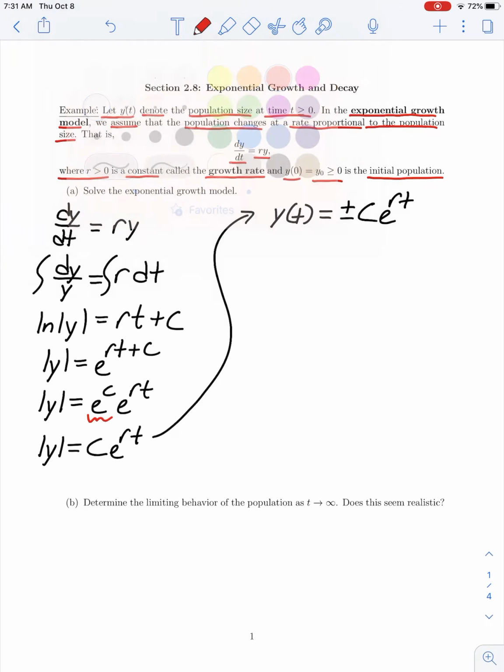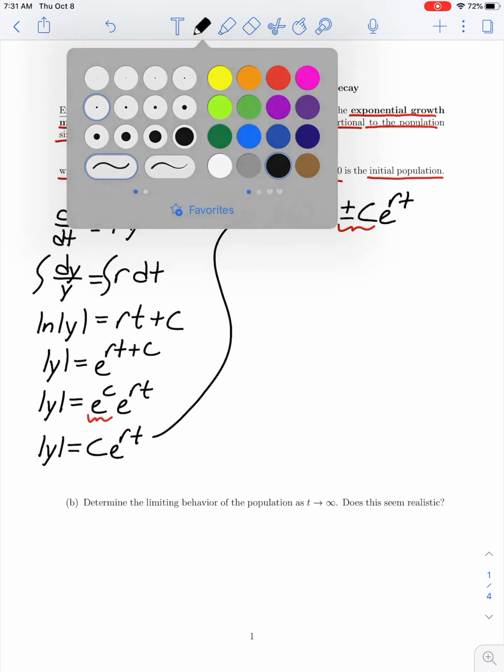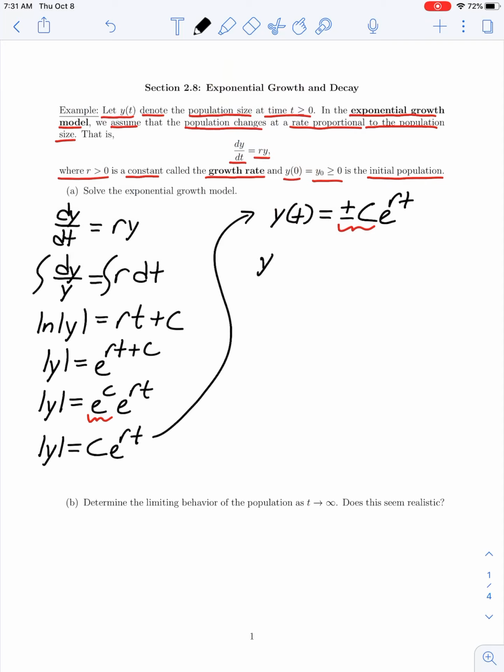And again, since c was an arbitrary constant, it doesn't matter whether I have a positive c or a negative c, because the positive or negative of an arbitrary constant is just a new arbitrary constant. So let's write this more simply as y of t is some constant c times e to the rt power.